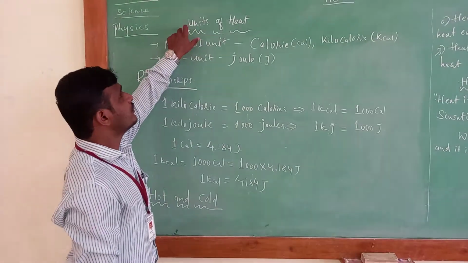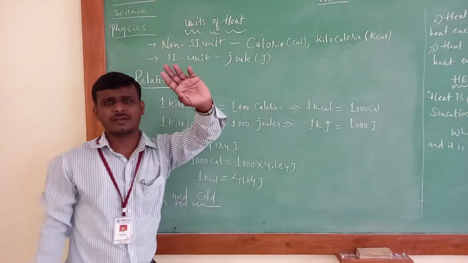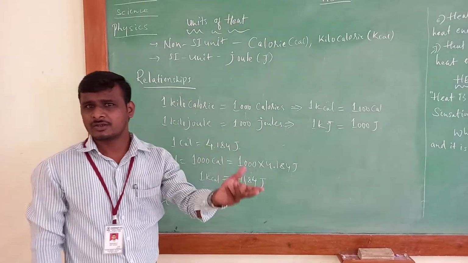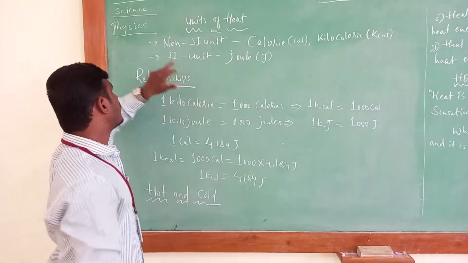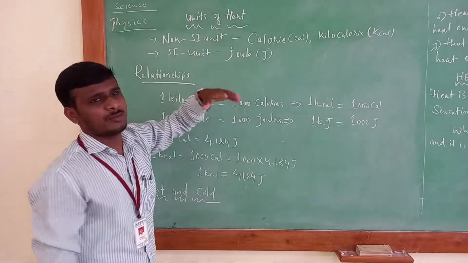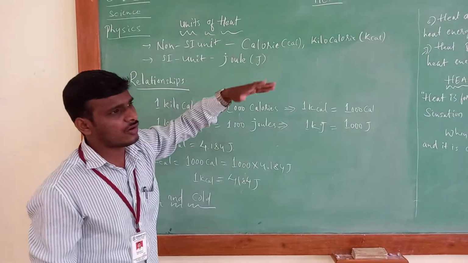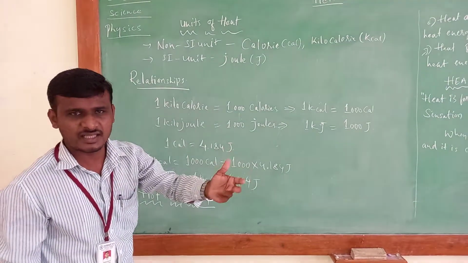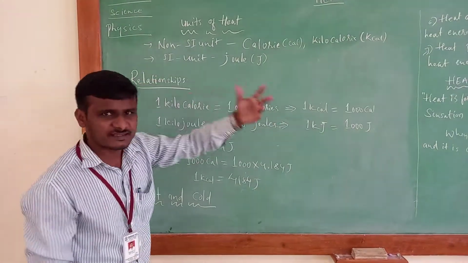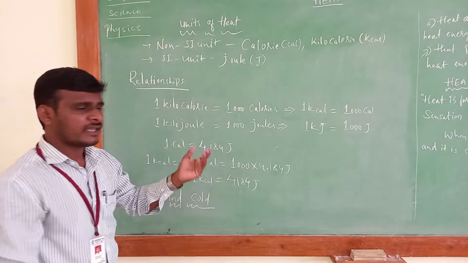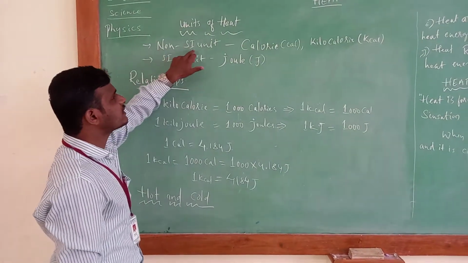Okay, next, units of heat. Here we are going to measure heat in two ways: in terms of non-SI units, and also in terms of SI units. First, in terms of non-SI units.